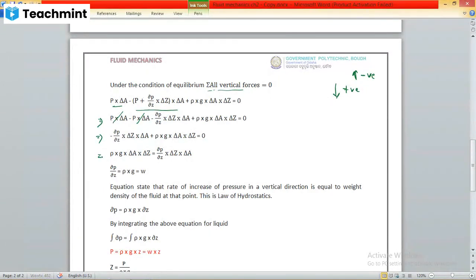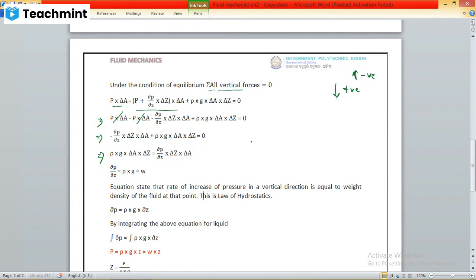So you can say rho g del A del Z will be equal to del P by del Z into del A. After that, del A and del Z cancel with each other, and you get del P by del Z.